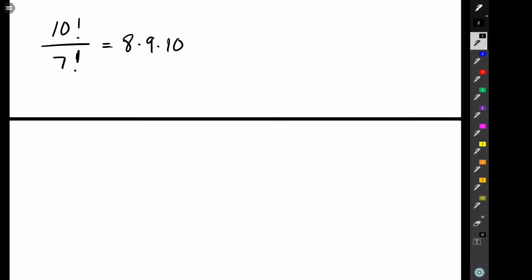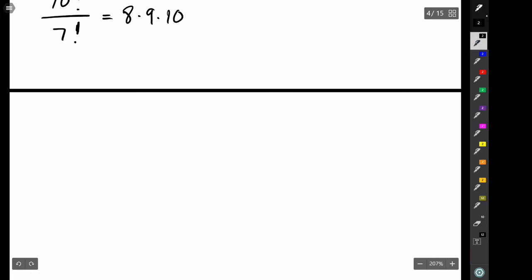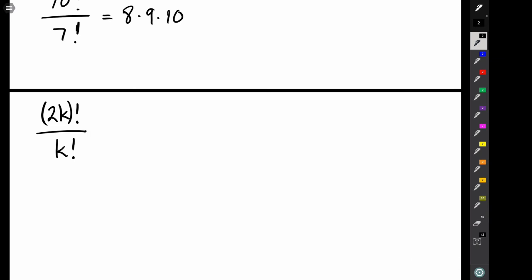Let's say you had something more general, maybe 2k factorial. You want to make sure to get that 2k in parentheses there, divided by k factorial. I'm not specifying what k is, but I want it to look somewhat generic. So this is all the numbers from 1 through 2k, and this is all the numbers from 1 through k. Let's write it out so we can see what's left over.